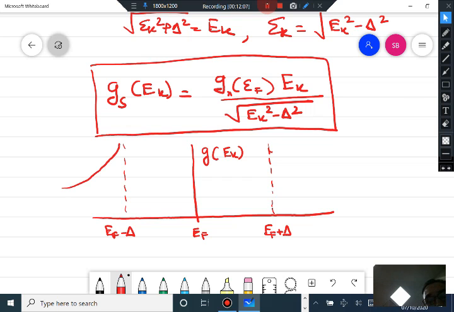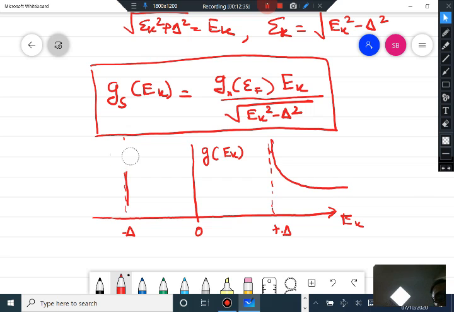Okay, so if I plot this as a function of ek, then this will be measured with respect to 0. So this is 0, plus minus delta, and then you can see that the density of states will show a divergence around the Fermi energy.